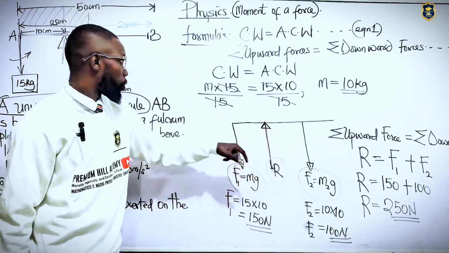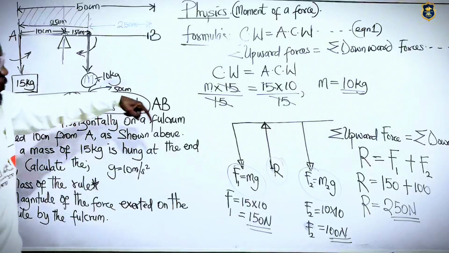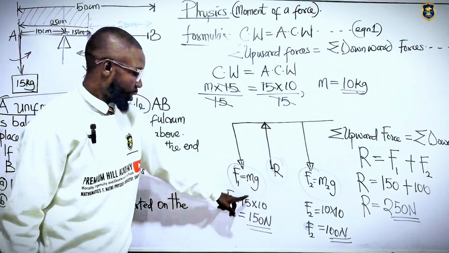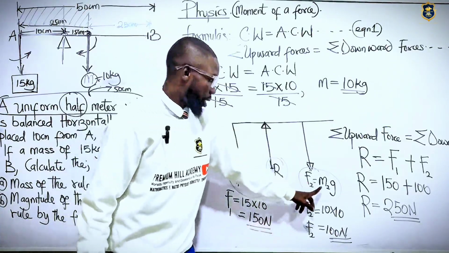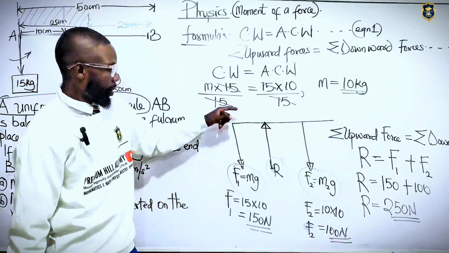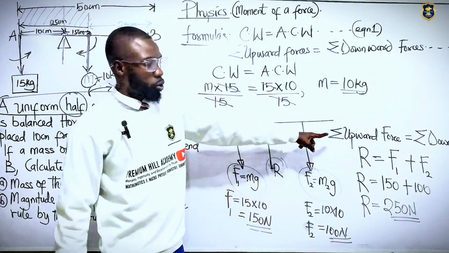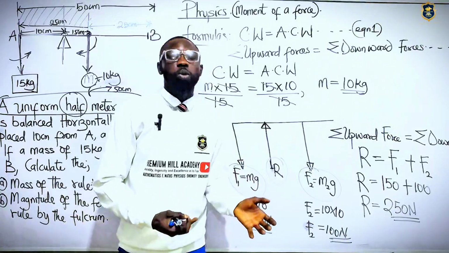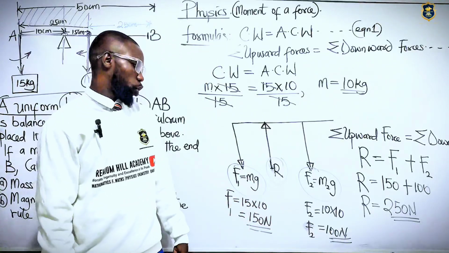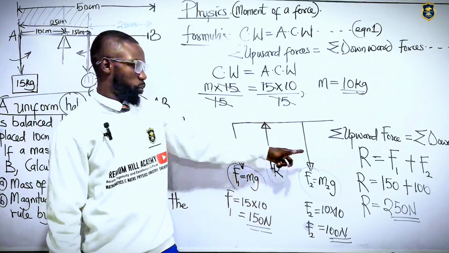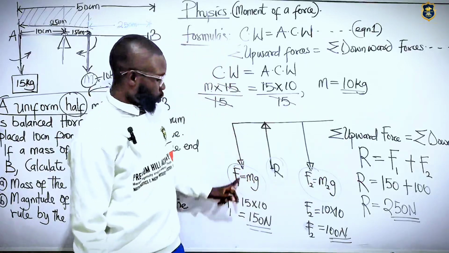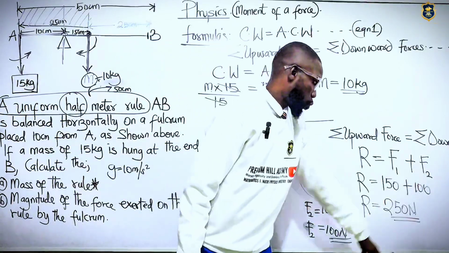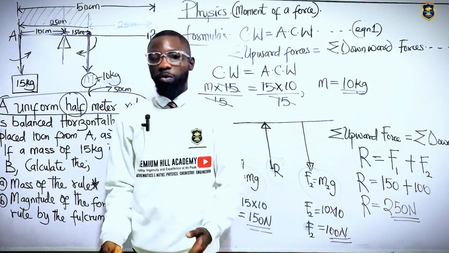So this is our downward force: weight coming down, mass times 10 is 150, and mass times 10 is 100. These are our downward forces, and this is the upward force. Using formula 2, the summation of the upward forces equals the summation of the downward forces. We have just one upward force, which is R, and two downward forces, force 1 and force 2. If you add them, you have 250 Newton.